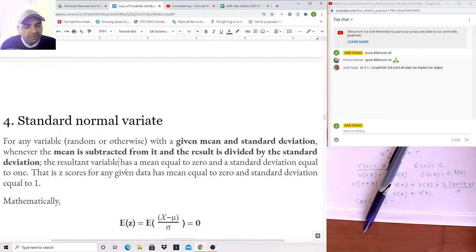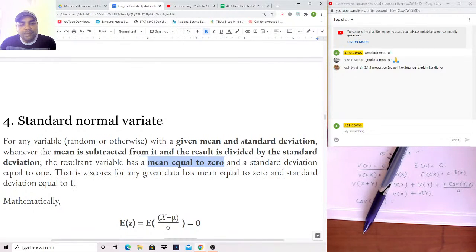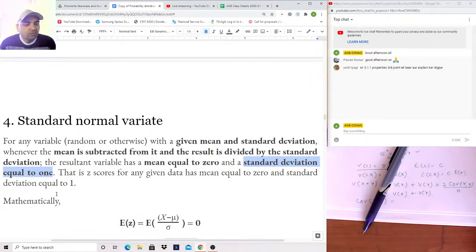The resultant variable will have mean equal to 0 and a standard deviation equal to 1.